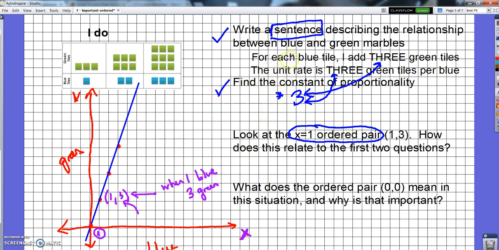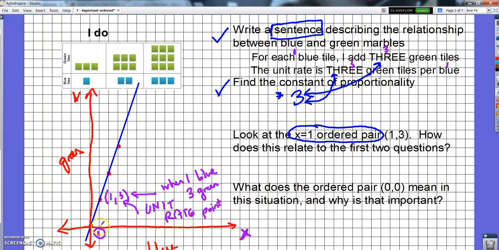When I look back up here, for each one blue tile, I add 3 green tiles. (1, 3). The unit rate is 3 green tiles per 1 blue, right there. So that is my unit rate point, or my unit rate ordered pair on the graph.